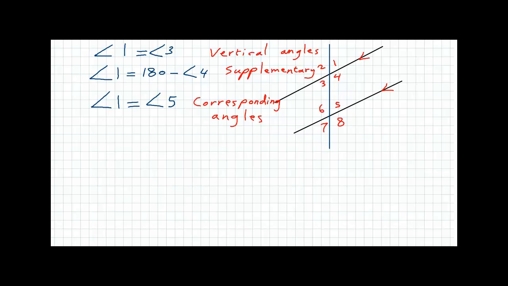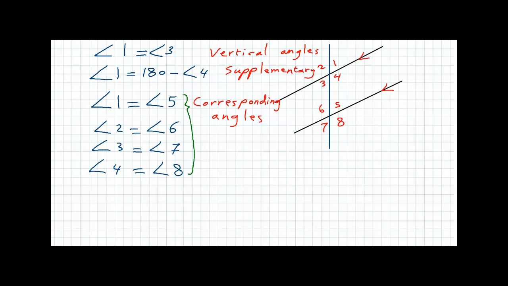So these are corresponding angles and they are equal. We have other angles having the same situation here. For example, angle 2 is equal to angle 6. Angle 3 is equal to angle 7. Angle 4 is equal to angle 8. All of these are because they are corresponding angles.